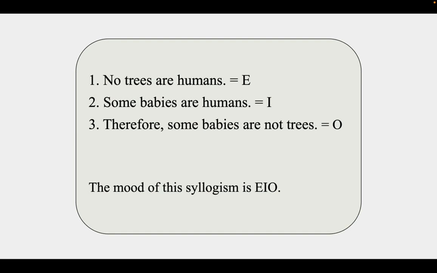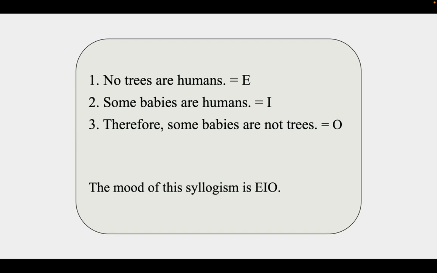For example, if we have the following argument: no trees are humans, some babies are humans, therefore some babies are not trees, notice that all the statements are in categorical form. Now, which categorical form is the first one? No trees are humans is an E statement.